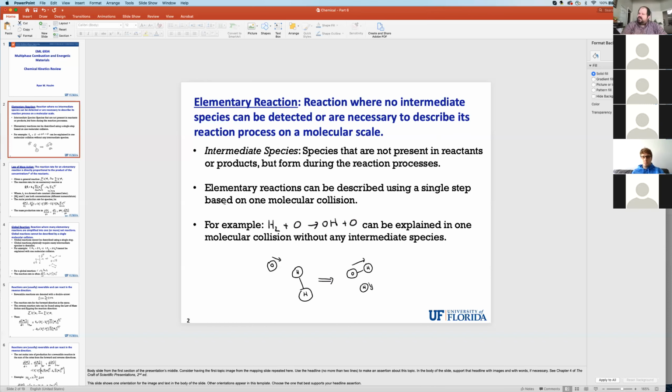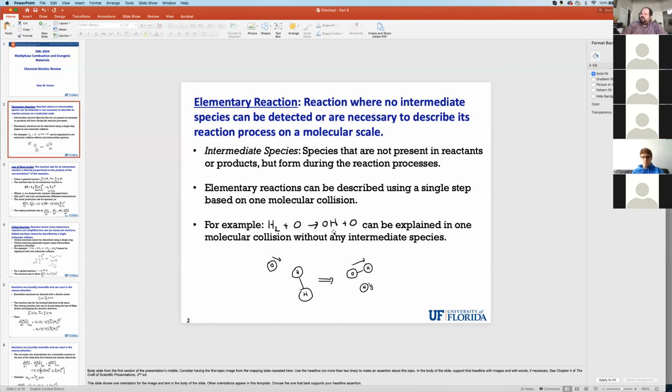So if you consider this reaction here, H2 plus O goes to OH plus H. OH is a common species that you will encounter. It's called hydroxyl. It is used a lot in experiments because you can use laser systems to excite hydroxyl and then make it fluoresce and give off light.